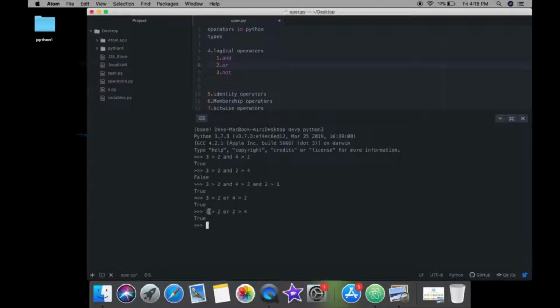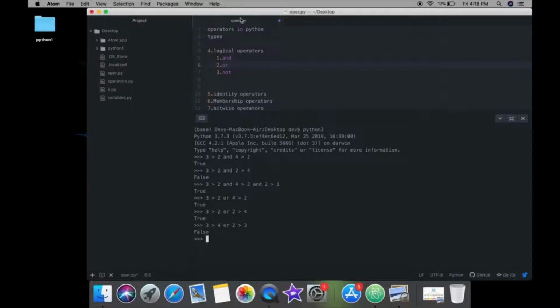That's because one condition is true; it doesn't matter, both don't have to be true. So this is OR. And if both the conditions are false, like 3 greater than 4 or 2 greater than 3, we will get false. That's the condition when we get false here.